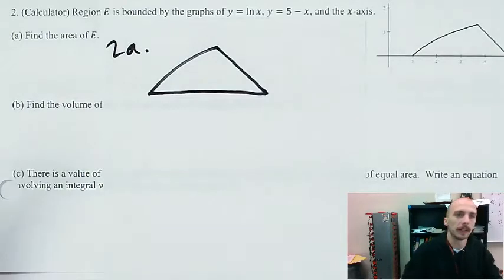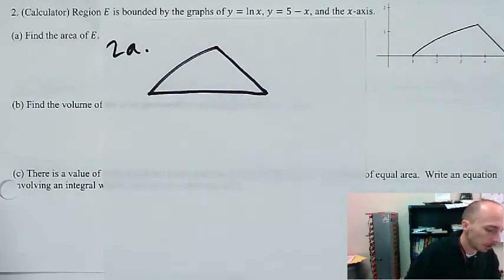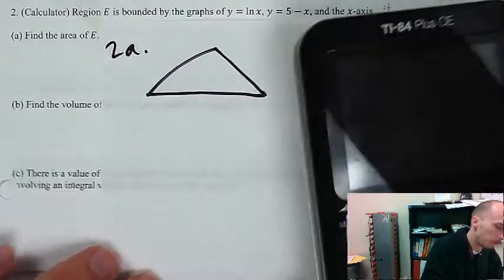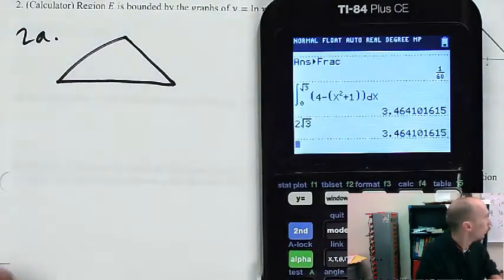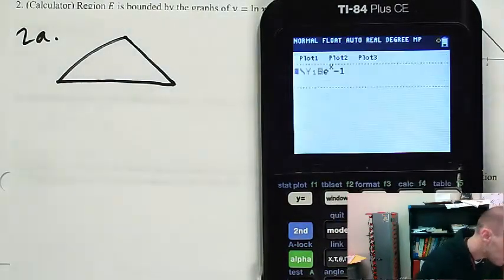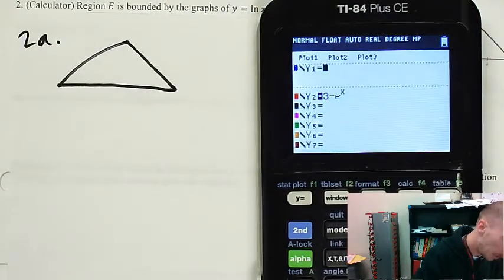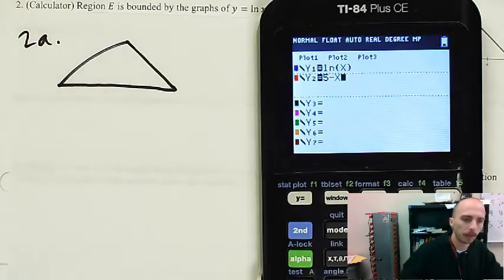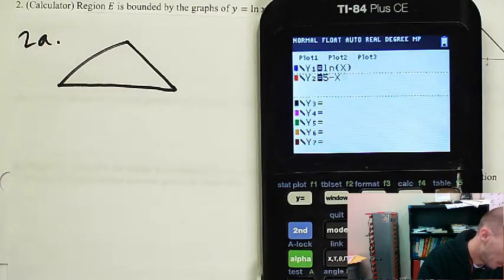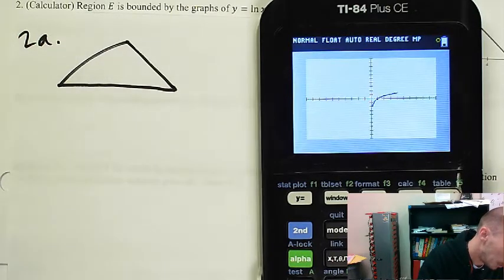Now I am going to need to compute the intersection point here, so I'm going to bring out the calculator and do that. Y equals log of x and y equals 5 minus x. So we're going to graph this, and there's that intersection.